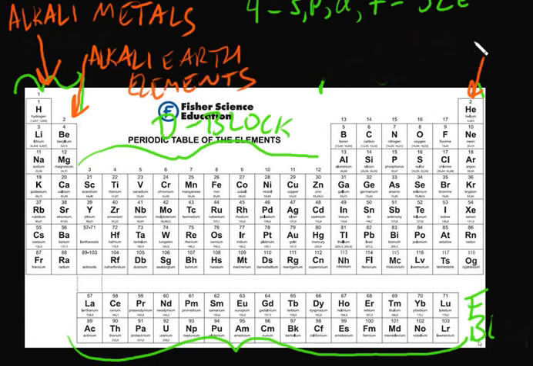And we have the noble gases. And then this group 7A, or 17 in this, are the halogens.